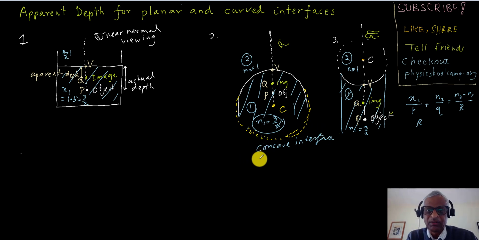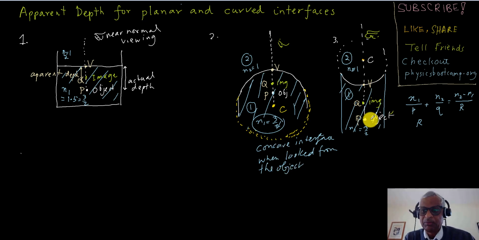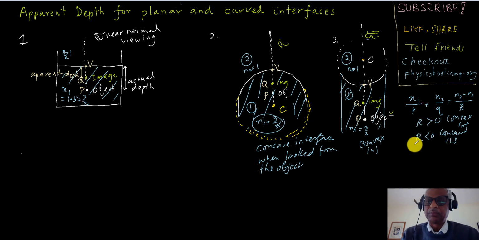Concave interface when looked at from the object. And when I look at the object, this is bulging into it, so this will be a convex interface. It looks like a concave, but it's actually convex. So R is positive for a convex interface, and R is less than 0 for a concave interface. So this is the notation.